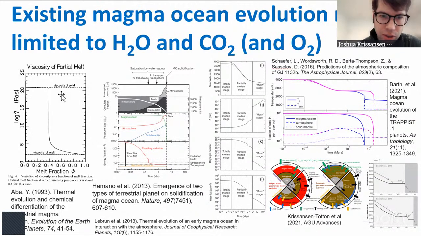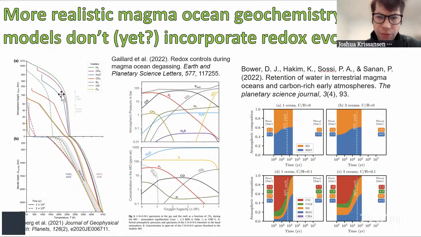There have been in the last few years a few really interesting attempts to generalize magma ocean models and incorporate a greater diversity of atmospheric compositions, including more reducing compositions that could accommodate a hydrogen-rich early atmosphere. For the most part, these models haven't allowed for evolution, though.